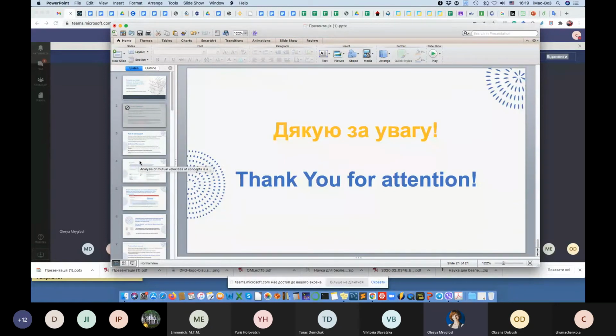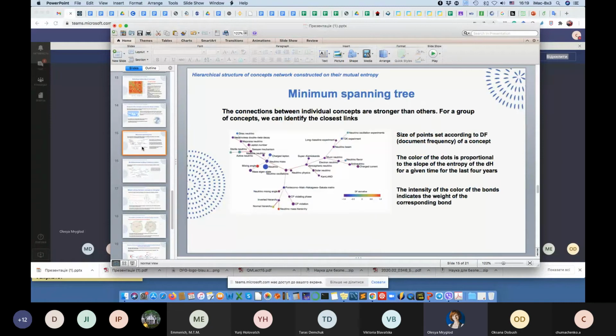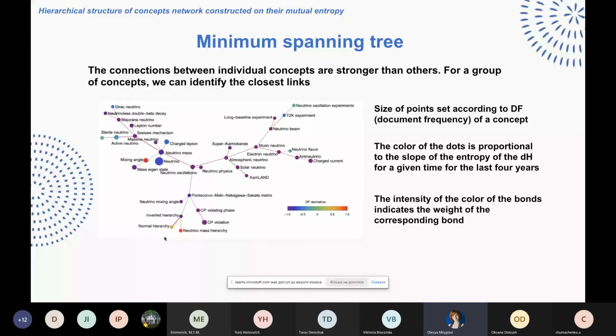Okay, so using your methods, you were able, let's say, to see some structure of topics, etc. Was that somehow verified by experts, by different methods? How can we be sure that this method is really good?